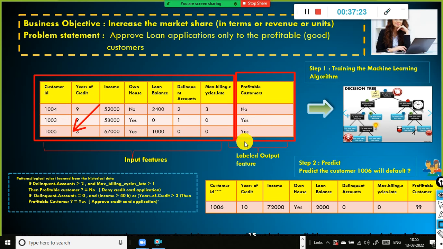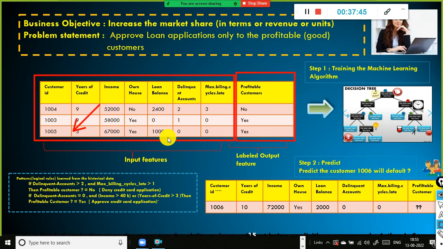So this label, we have labeled each customer. Let's say in this case we have labeled this customer as no, yes, yes. No means a non-profitable customer, yes means a potential customer. How do we label this? Based on the pattern, based on the combination of various factors. One factor is income. Income is very good, and he's owning a house.